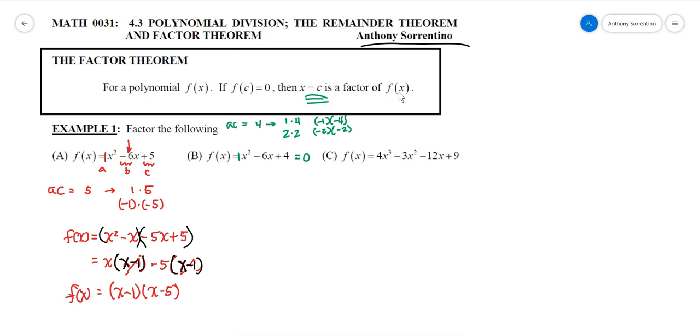So let's apply the quadratic formula. If I set it equal to 0 and find the zeros, x is going to equal 6 plus or minus the square root of -6 squared, which is 36, minus 4 times 1 times 4, all over 2 times 1.